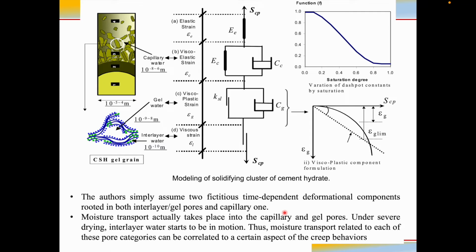Moisture transport actually takes place in the capillary and gel pores, and under severe drying, interlayer water starts to be in motion. Thus, moisture transport related to each of these pore categories can be correlated to a certain aspect of the creep behaviors.